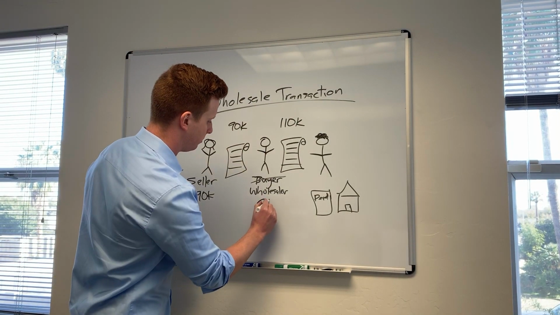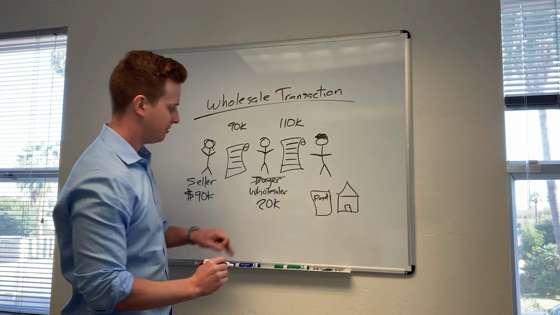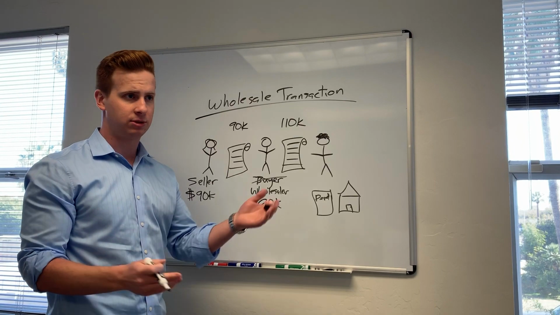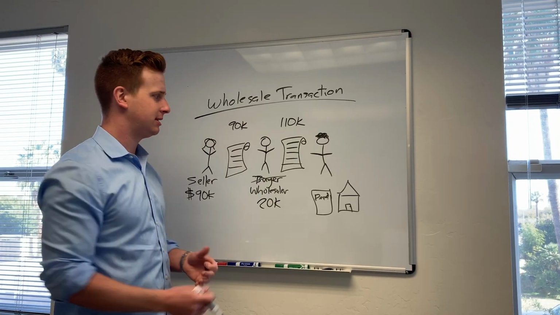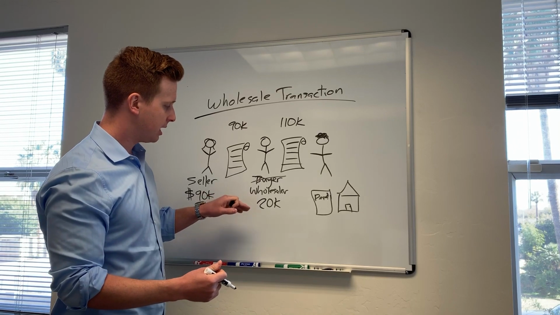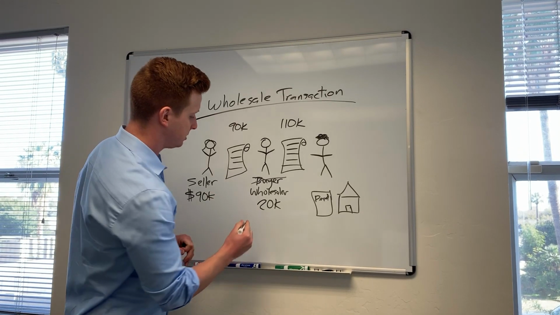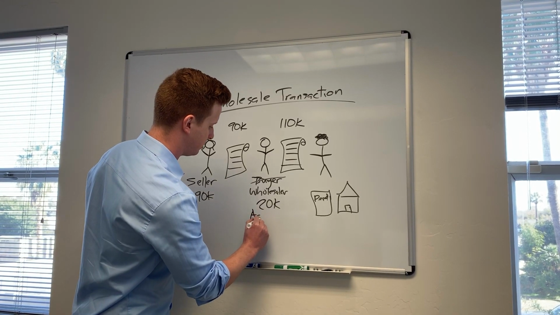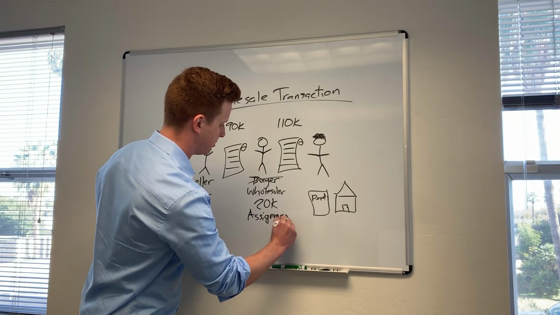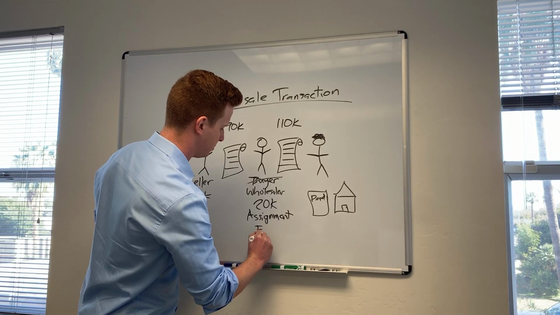So we walk away with $20,000. These fees vary. Sometimes they're big, but sometimes they're like $5,000, $2,000. In this example, I just made big numbers so it's easy to see. So $20,000, and that is called an assignment fee.